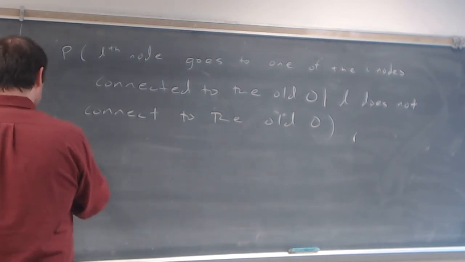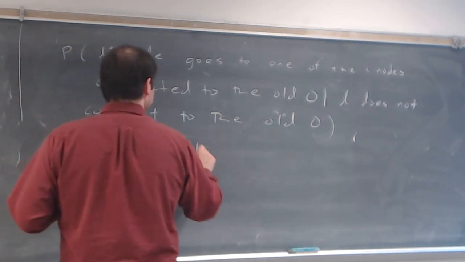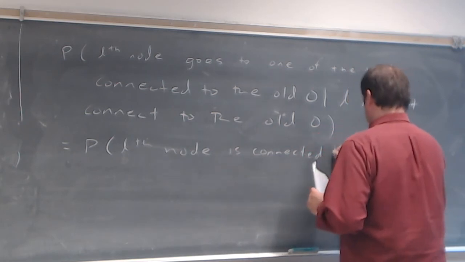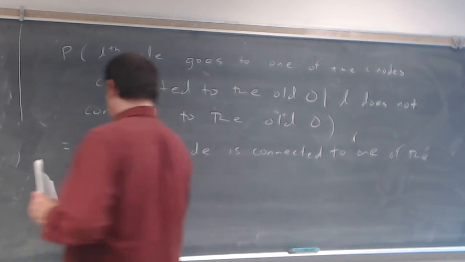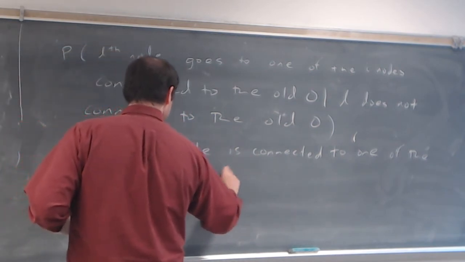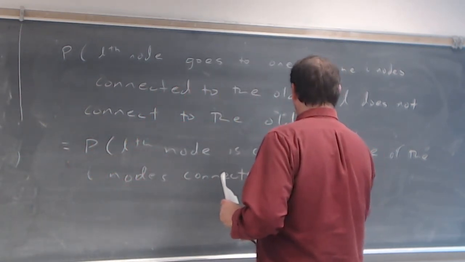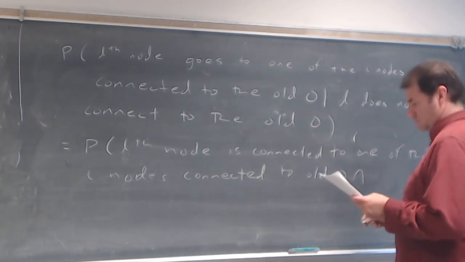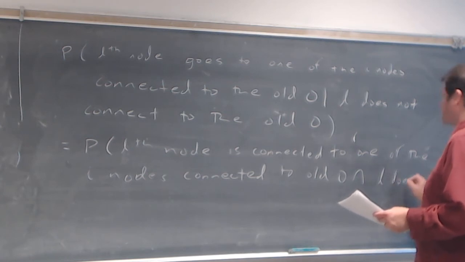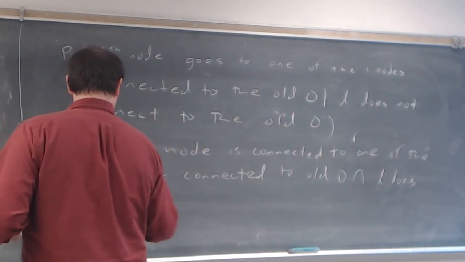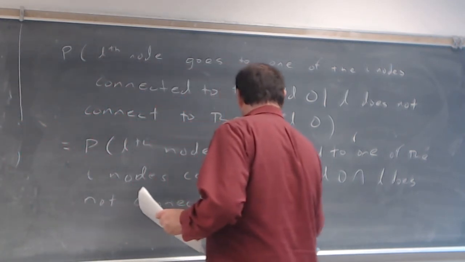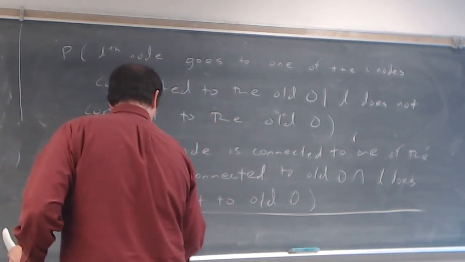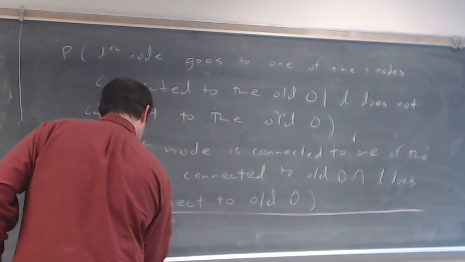That's equal to the probability that L has an arc to one of the i nodes connected to old 0 and L does not connect to old 0, all over the probability that the L node is not connected to 0.